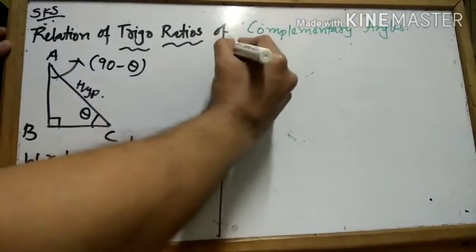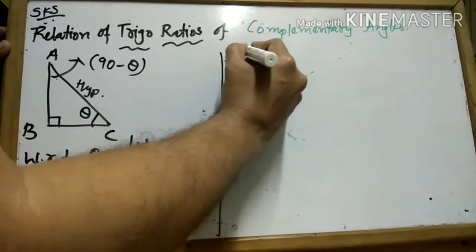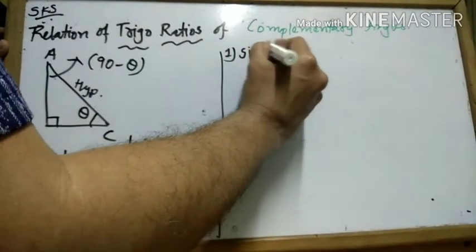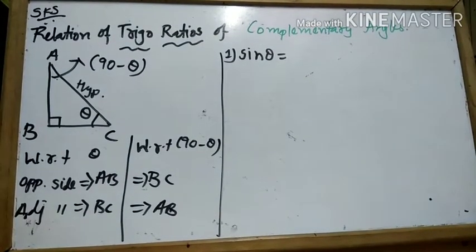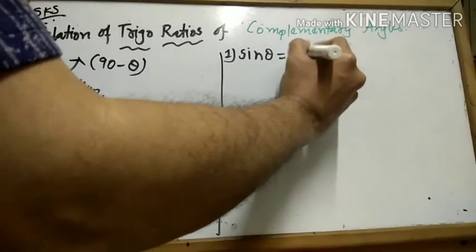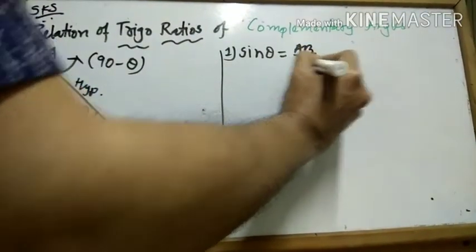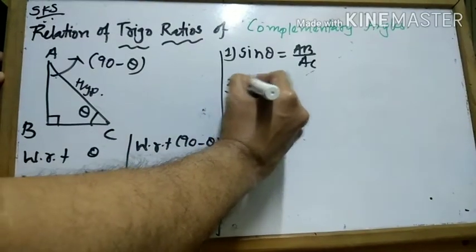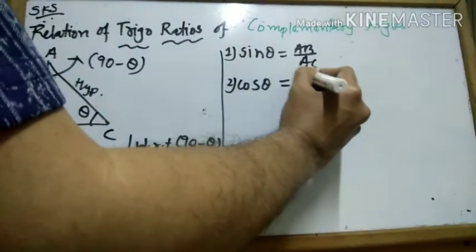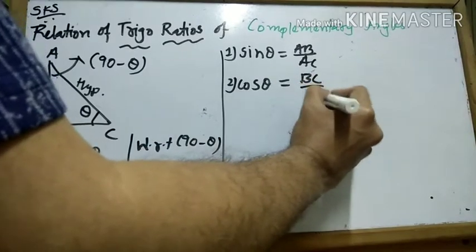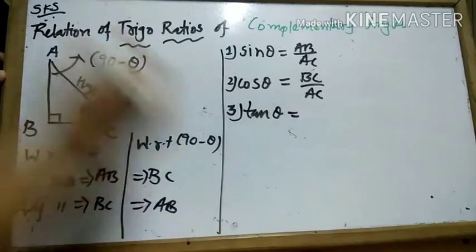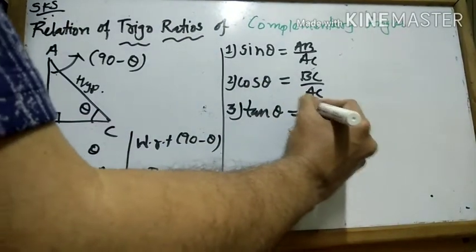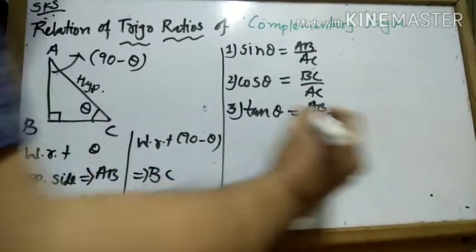Now, first I will write down 6 ratios with respect to theta. Sine of theta is nothing else but opposite side upon hypotenuse, that is AB upon AC. Cos theta will be BC over AC. Tan theta will be nothing else but AB upon BC.